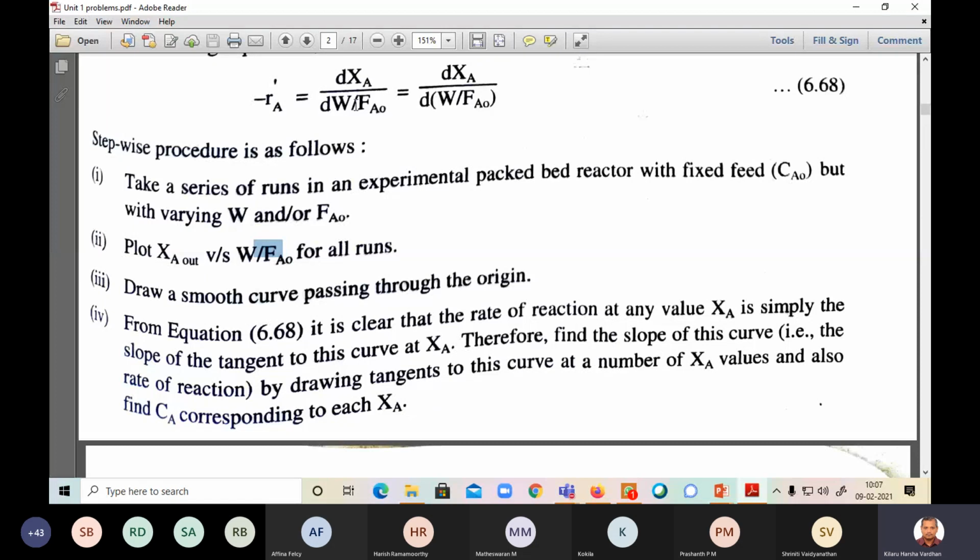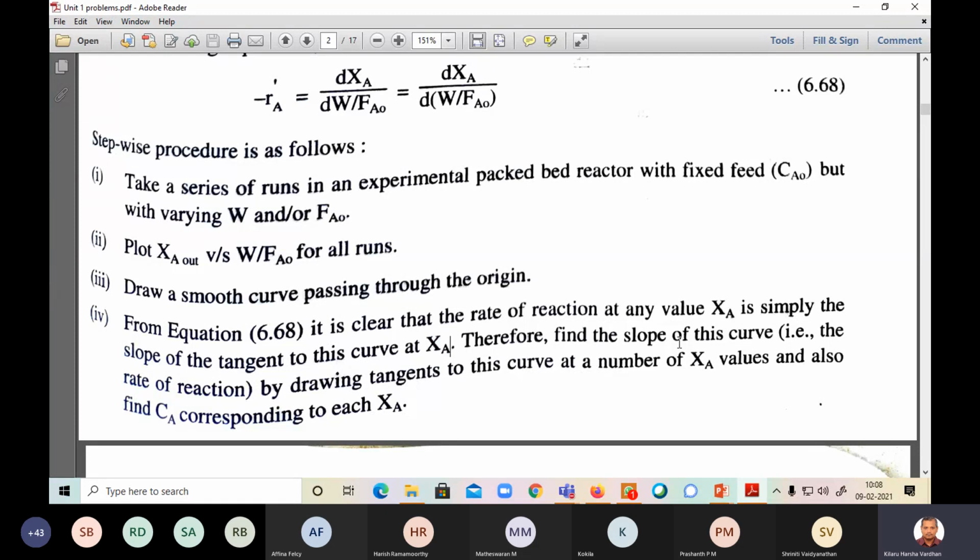Then from this equation, it is clear that the rate of reaction is nothing but the differential, the rate of change of y with respect to x, which is nothing but the slope. The rate of reaction is simply the slope of a tangent of the curve. Whatever conversion you want, at that particular conversion, you draw a tangent to that curve, then find out the slope, and that will give you RA. So based on different XAs, you will get different RAs.